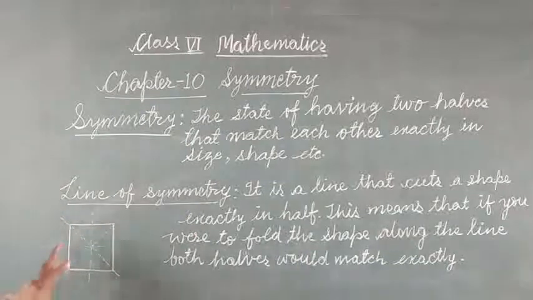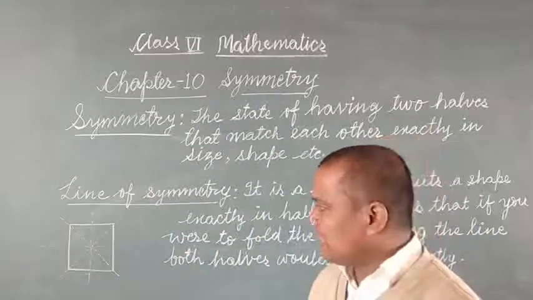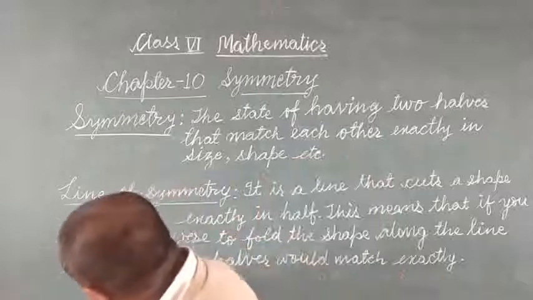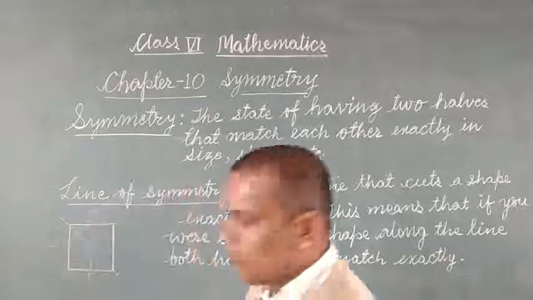So here we are observing a square has 4 lines of symmetry. One along this diagonal, this diagonal, this side, this side.